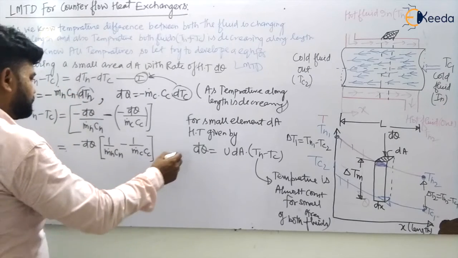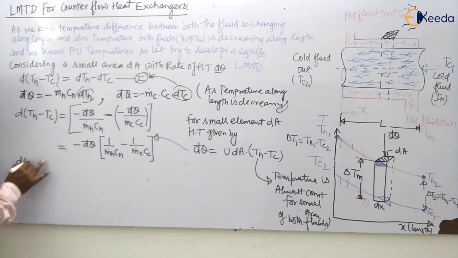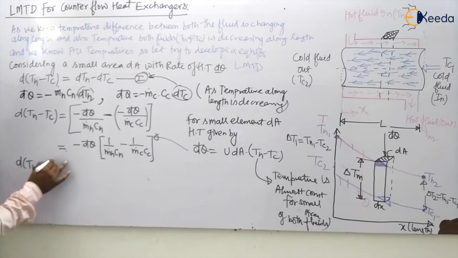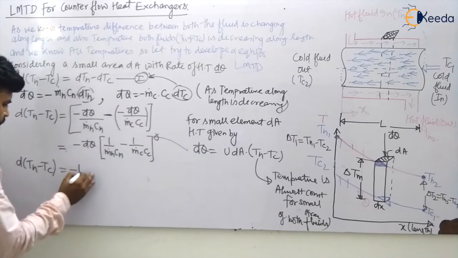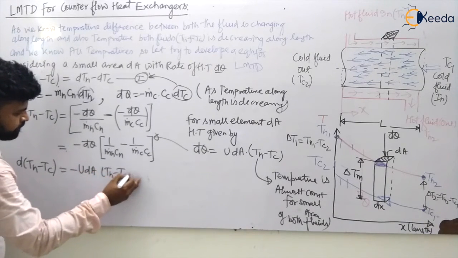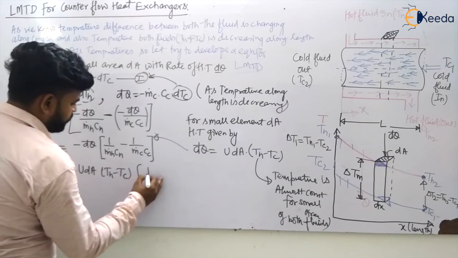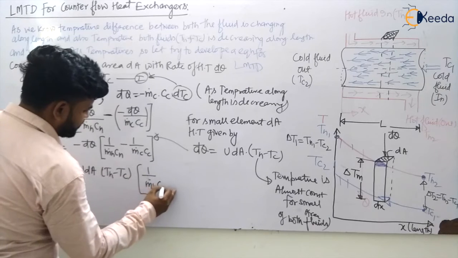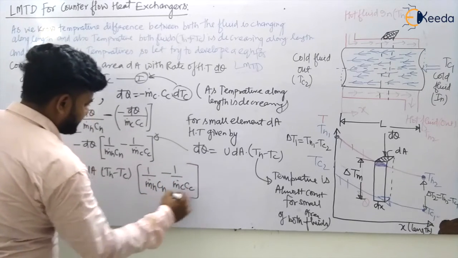Okay. Now let us put this value in this equation. What I will have, let us see. So this will become d of Th minus Tc is equal to minus of U dA, Th minus Tc, multiplied by 1 by m dot h Ch minus 1 by m dot c Cc, my dear students.